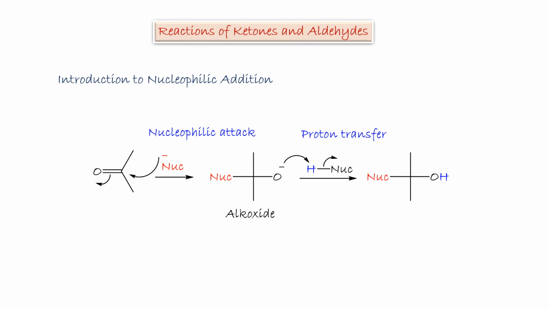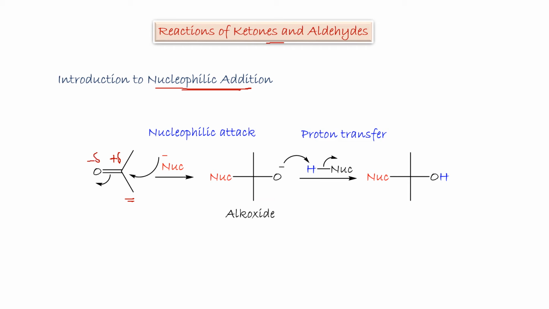Reactions of ketones and aldehydes. We have covered that, but we have to shed a little more light on it. Nucleophilic addition. The carbonyl is partially positive in here, partially negative in here.